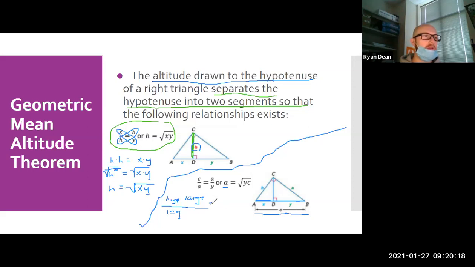Okay. And then when I choose my other triangle, I'm choosing the hypotenuse on the other triangle that I'm looking for. So when I'm looking for this length A, it goes with this triangle right here, CBD.